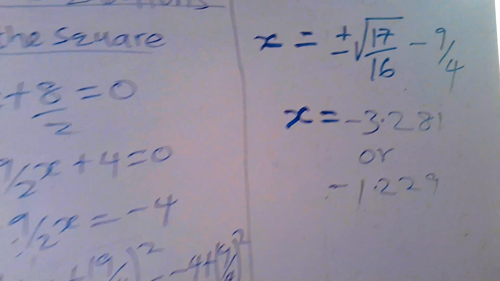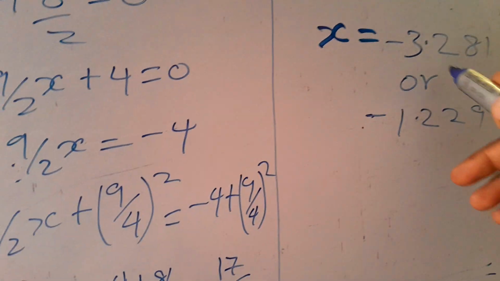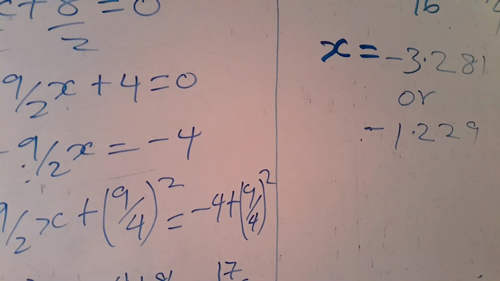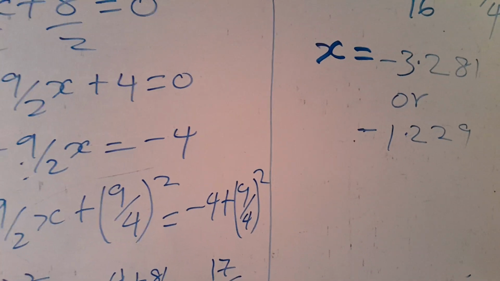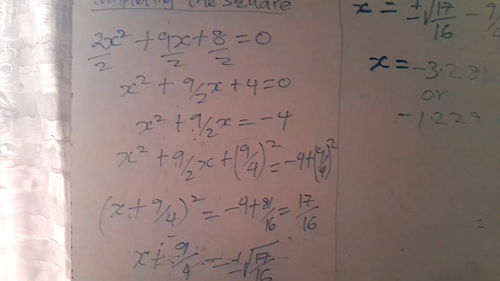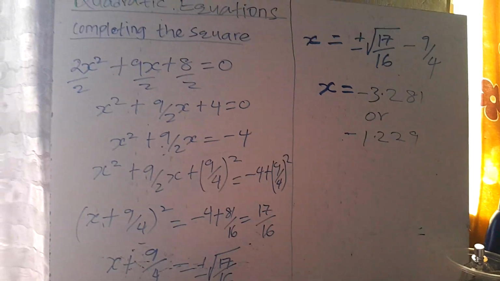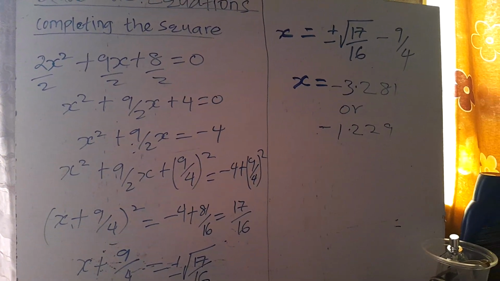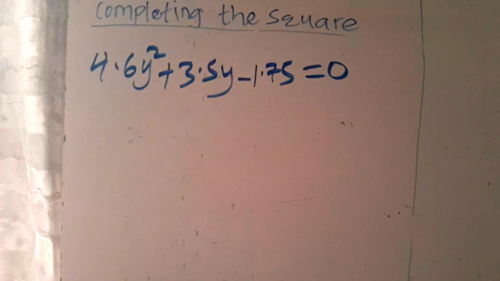Now, those are the values of x: negative 3.28 or negative 1.229. That is the answer to our equation 2x squared plus 9x plus 8 is equal to 0.